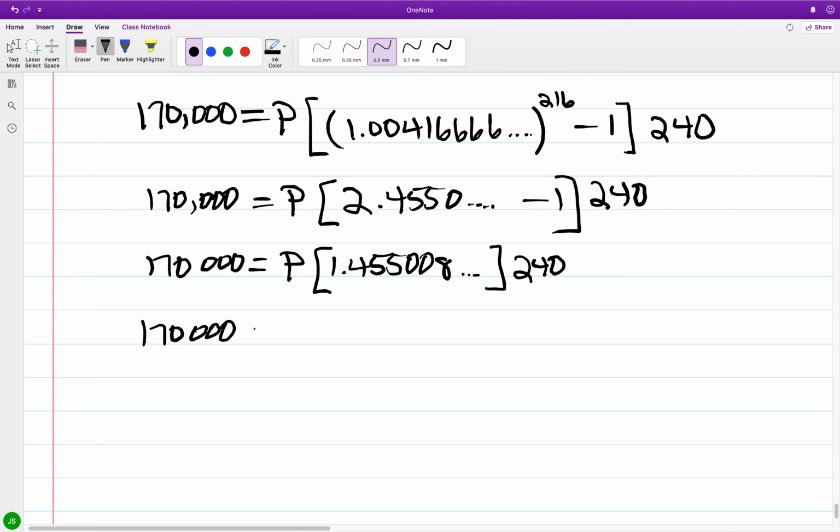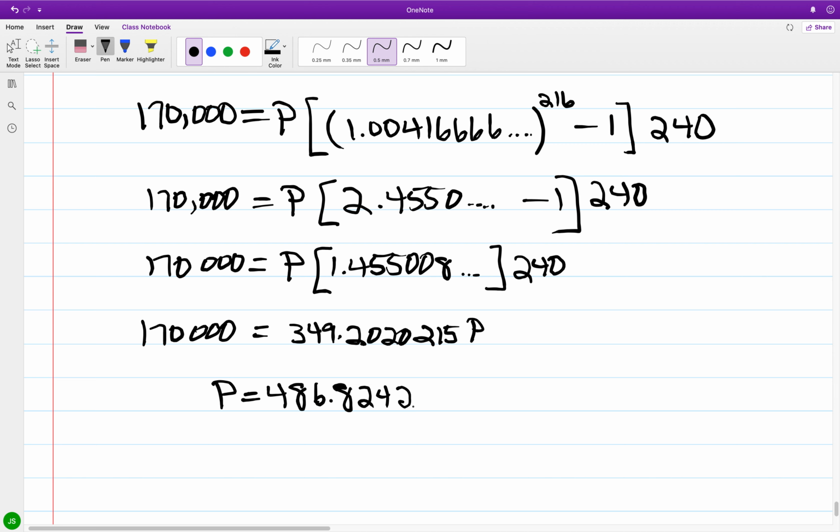So you got 170,000 is equal to 349.2020215 P, and then dividing into 170,000, for P you have 486.8242, and again, rounding up to the next penny.